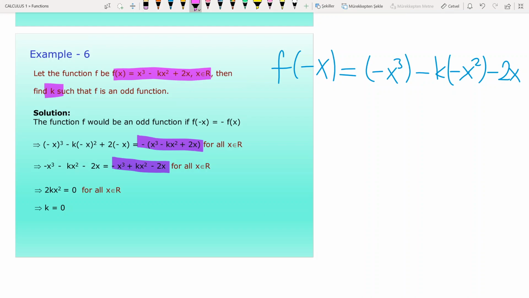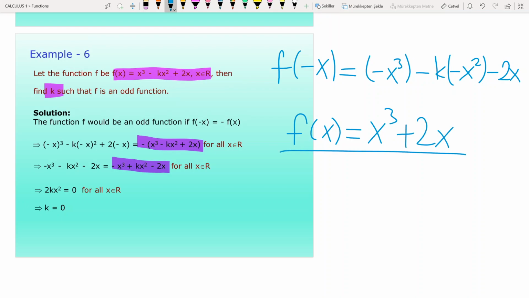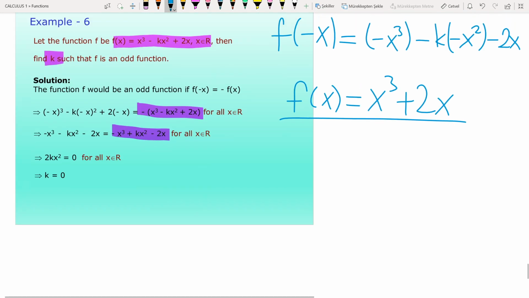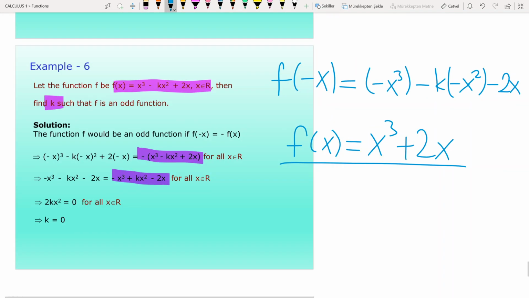If k is 0, the function becomes x cube plus 2x. In this case, the function is odd. If k is not 0, then the function is not an odd function. This is the end of this lecture. I will talk about functions in the next video.